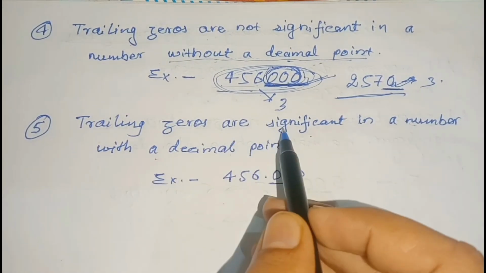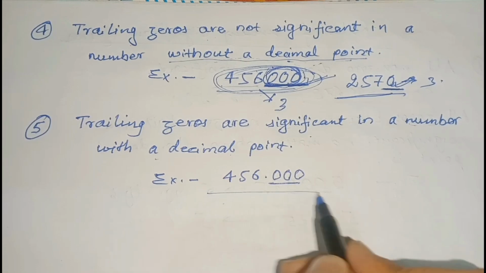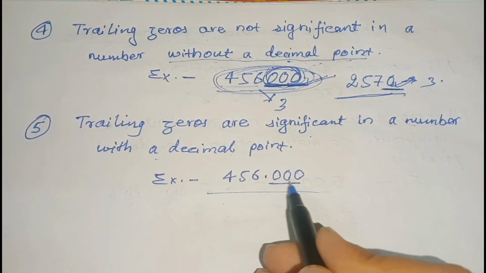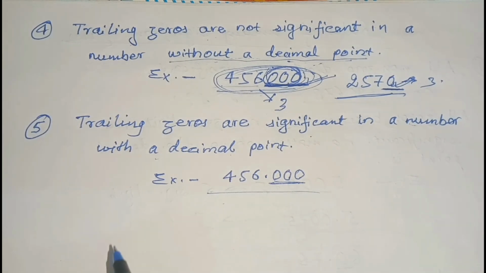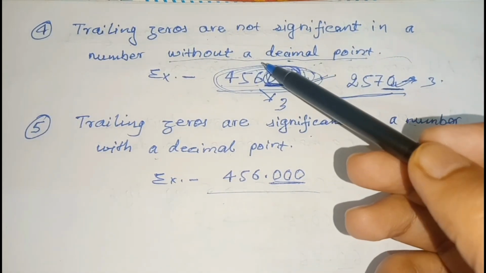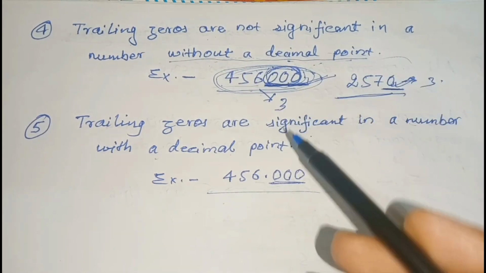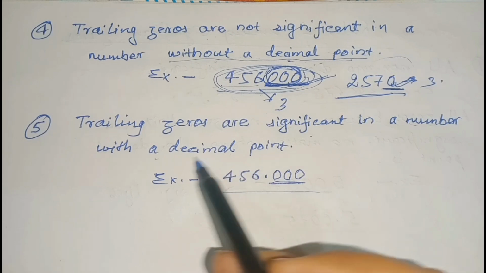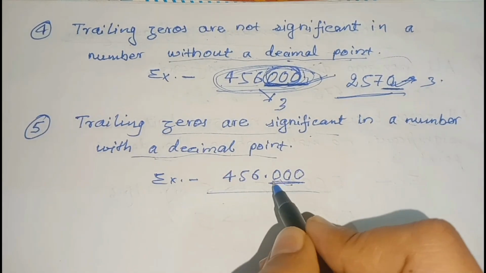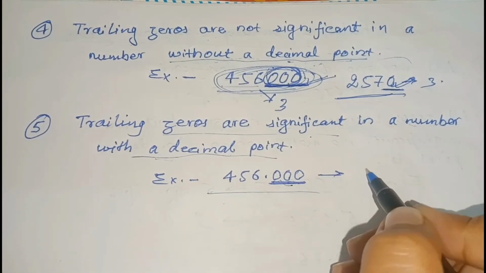The trailing zeros are significant in a number with a decimal point. This number has a decimal point and 3 trailing zeros, so these will be significant. Rule 4 says that without a decimal point, the trailing zeros are not significant, and rule number 5 says that with a decimal point, the trailing zeros will be significant. So these 3 will be significant, and here the significant figures will be 6.